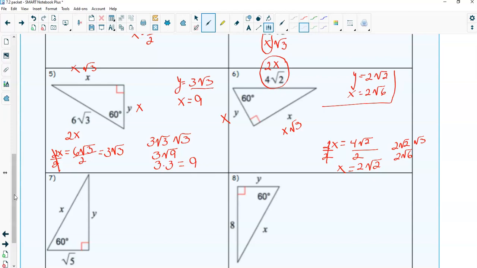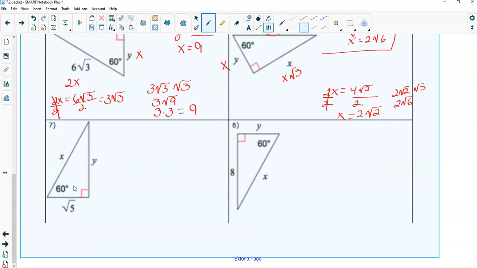All right, let's move on to number 7. Number 7, they gave me the short leg. The short leg is x. The hypotenuse is twice the short leg, and the long leg is whatever the short leg is times the square root of 3. See how that worked that right there? Real simple. So I already have x.